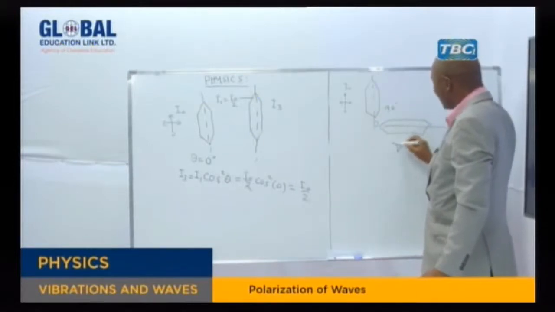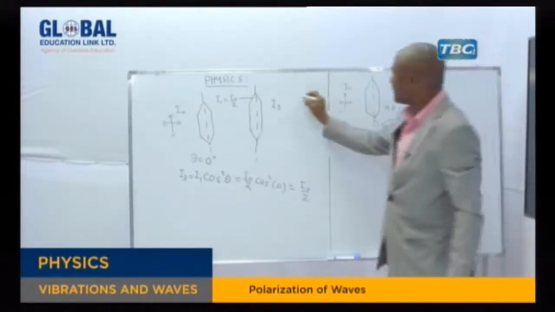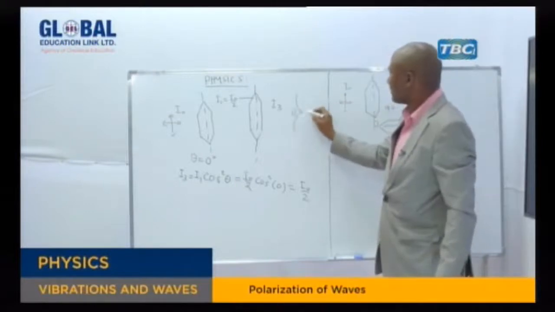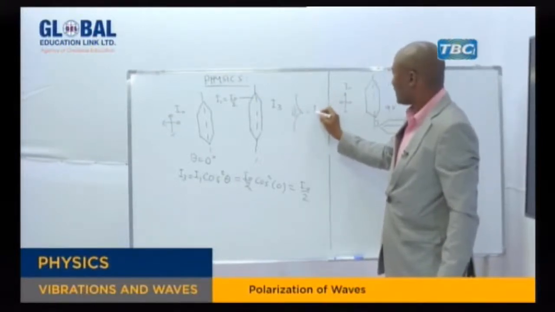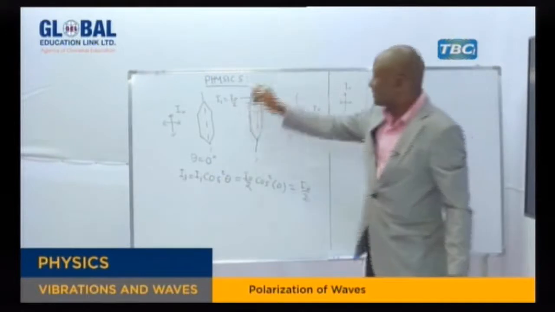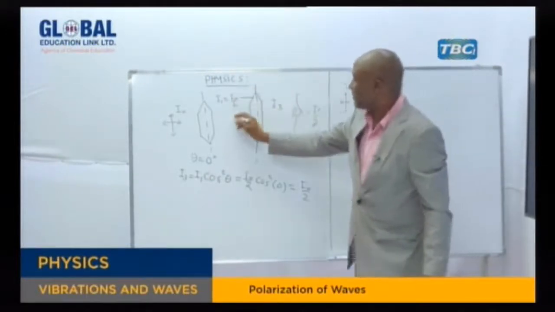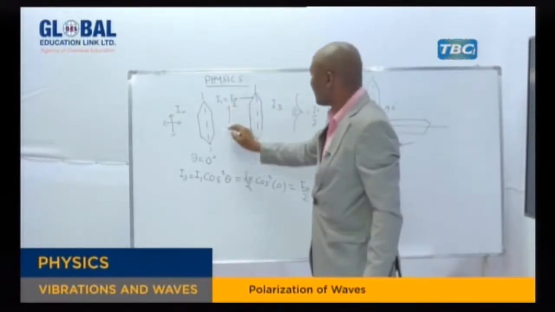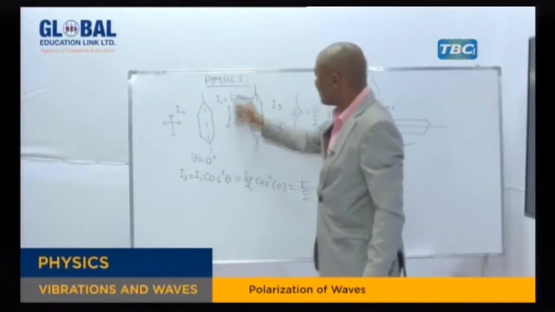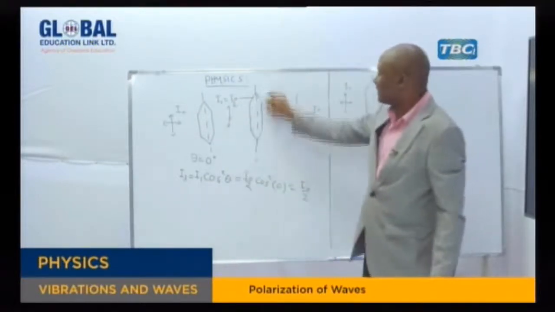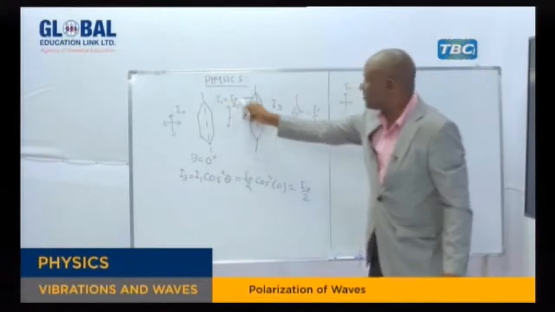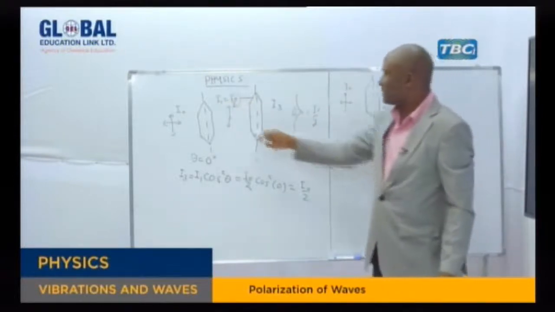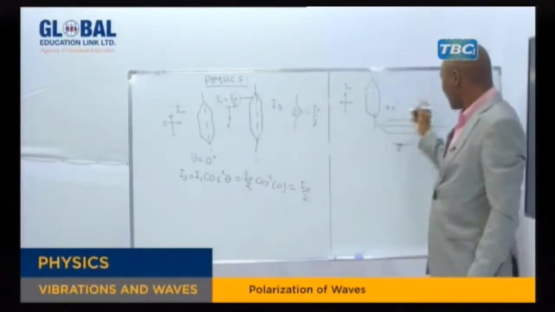How much will be transmitted here? We saw that the amount here will be equal to I naught over 2, because the component which has been transmitted here is vertical. This vertical component is parallel to the transmission axis. The same amount will be allowed because it's parallel. Now here the angle is 90.